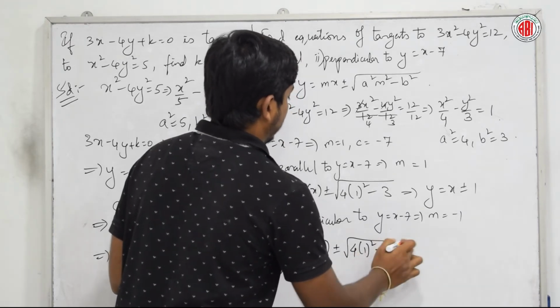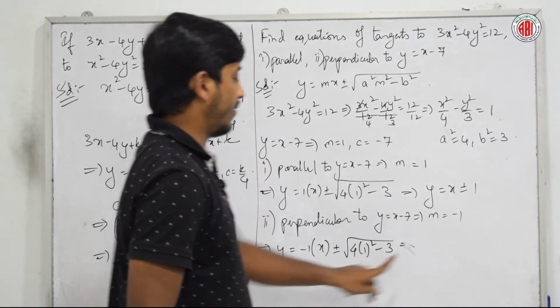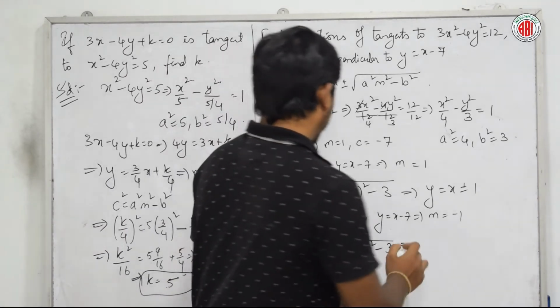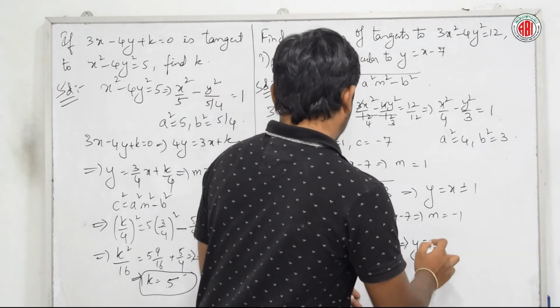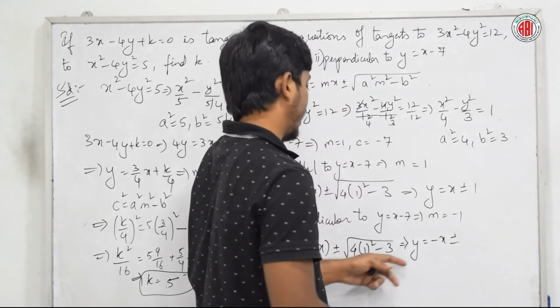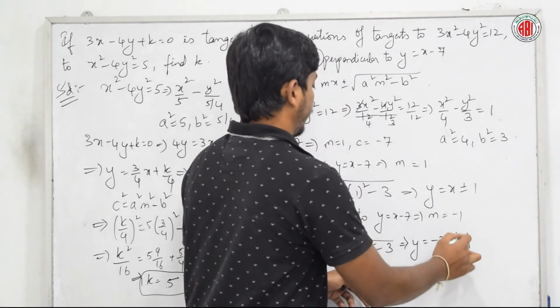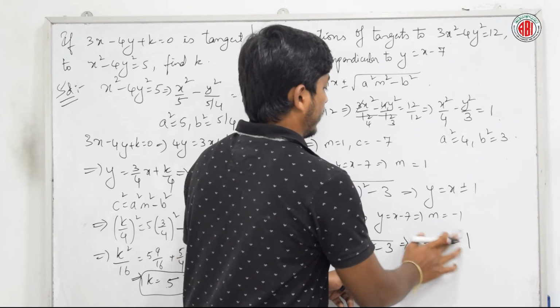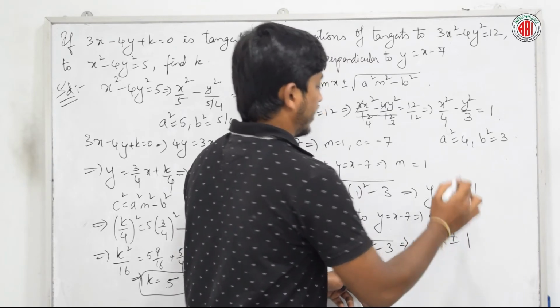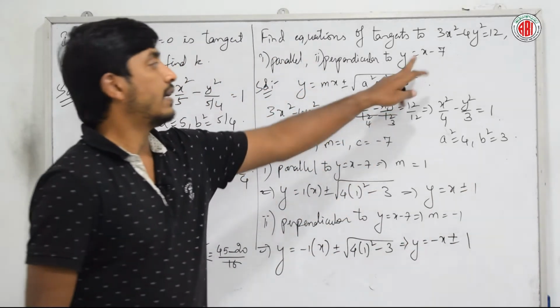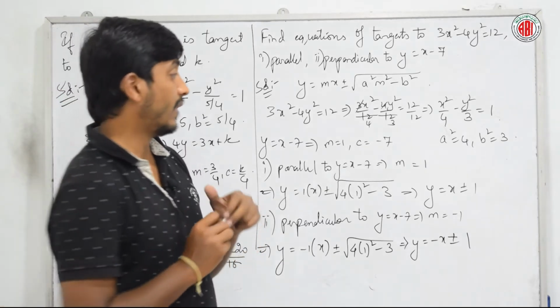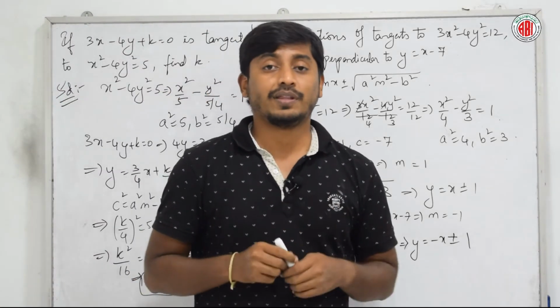Obviously here it is minus 1, square will get this term. Therefore this is y equal to minus x plus or minus, 4 minus 1 is again 1. So this is my equation of tangents perpendicular to this equation. Is this easy? Shall we go to the next problem?